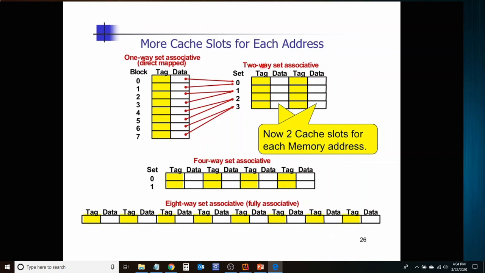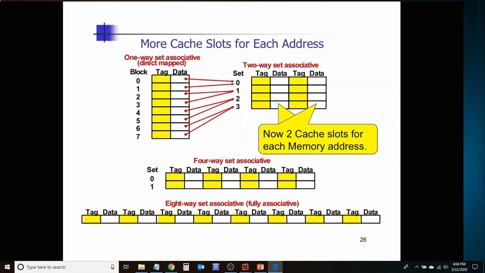So a two-way set associative cache would mean that you have 2 cache slots for each memory address. And then a 4-way set associative cache would have 4 cache slots for each memory address. By doing this, we are essentially accessing more number of slots in parallel, and we could reduce the time we spend searching for things in the cache.